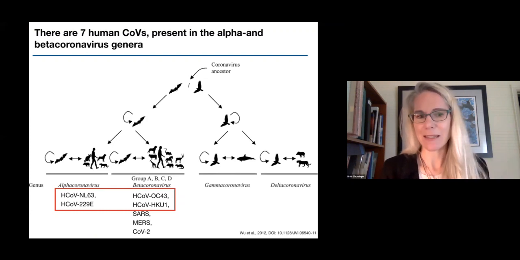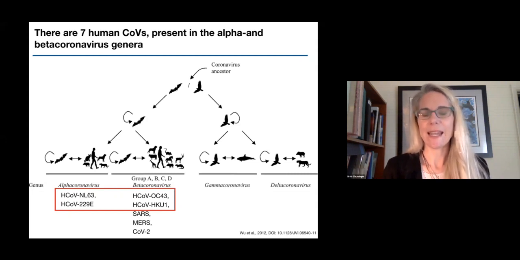And these are NL63, 229E, OC43, and HKU1. And collectively, these 4 circulating coronavirus strains cause probably 10 to 30% of the common cold. So they cause a relatively mild upper respiratory tract infection.